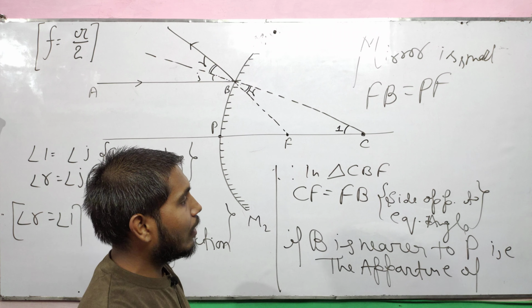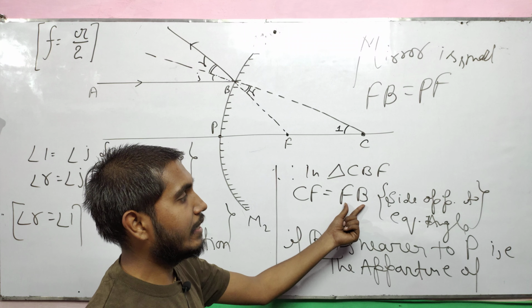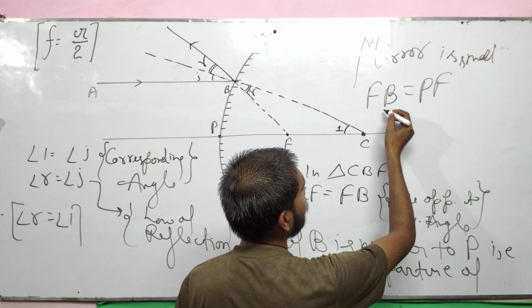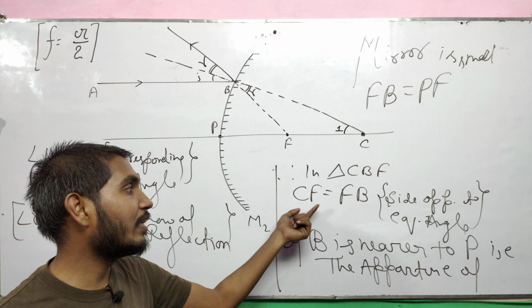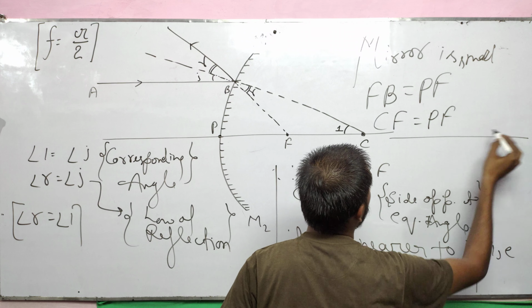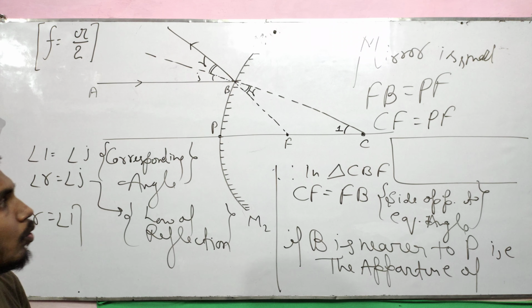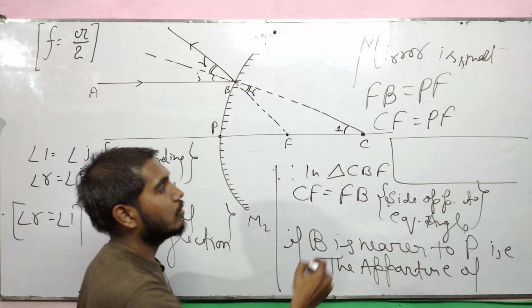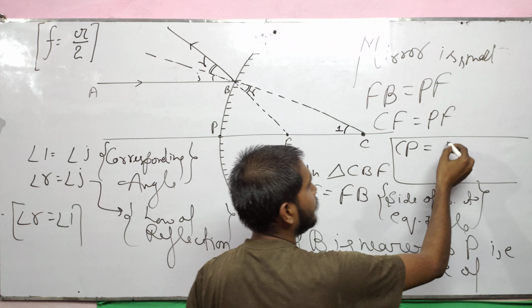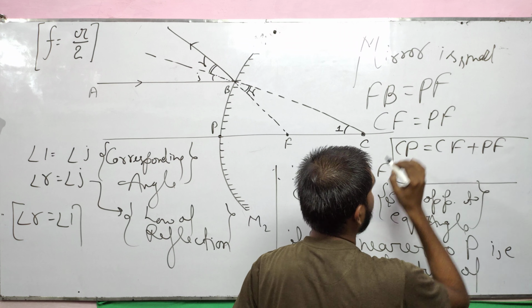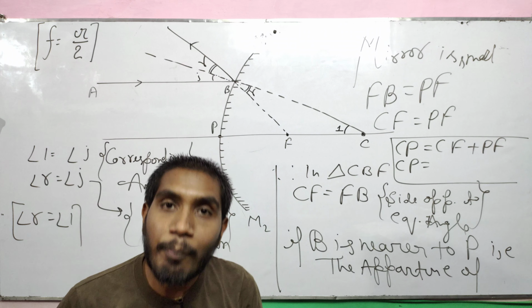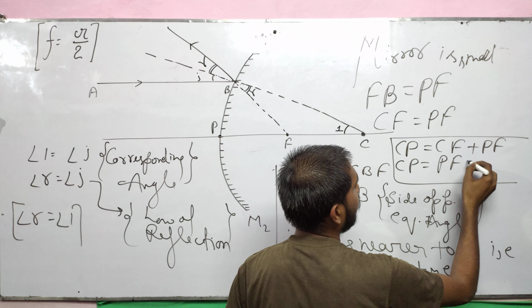Okay. And now in the place of FB we write CF equals PF. And now CP equals CF plus PF. In the place of CF we write PF plus PF.